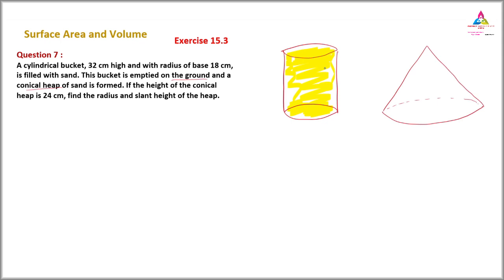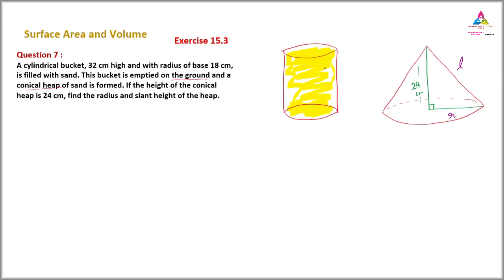The height of the conical heap is 24 cm, and the height is perpendicular, so here is 90 degrees, with one radius drawn. They also told us to find the slant height, that is l over here, and the radius.